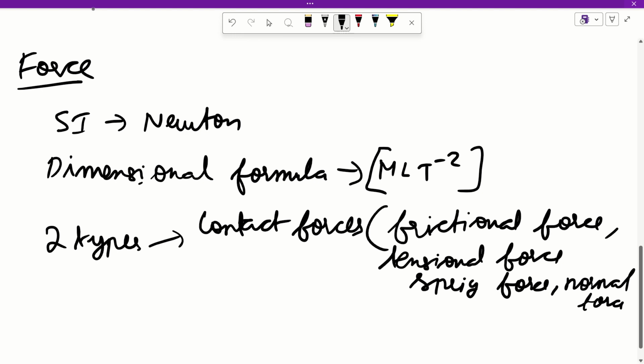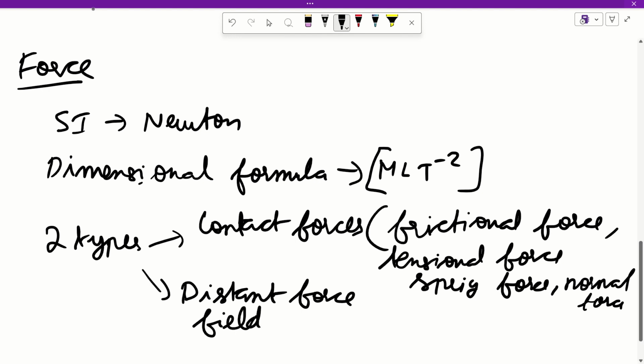The second one is distant forces. Distant forces are also called field forces. Everyone, please note these points down because this chapter is focused more on theory as well as formulas.